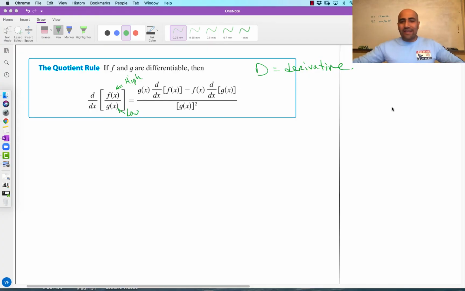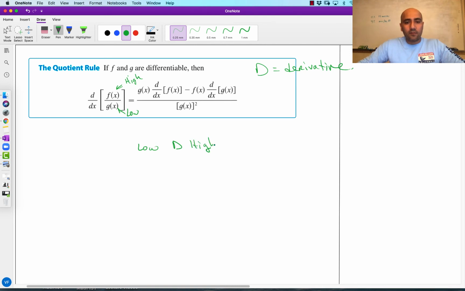All right, so that was my wedding song, believe it or not. Remember, the formula, if we run into a fraction, a rational function like this, is to think of it as low d high minus high d low over the denominator, which is again that low.